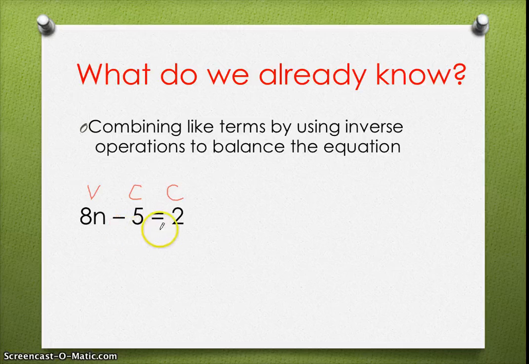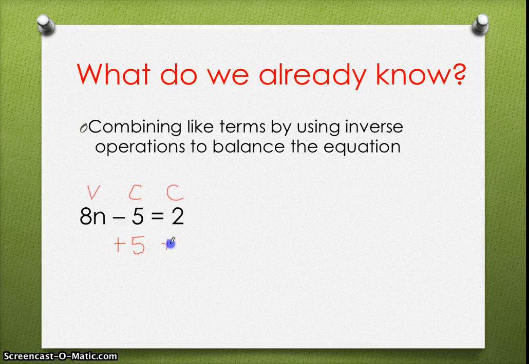Since I want to combine constants together, I want to do the opposite, which is the inverse operation. I know that I am subtracting a 5, or in this case there is a negative 5, so in order to get rid of that negative 5, I need to somehow include a positive 5. And the positive 5 is in essence adding a 5.